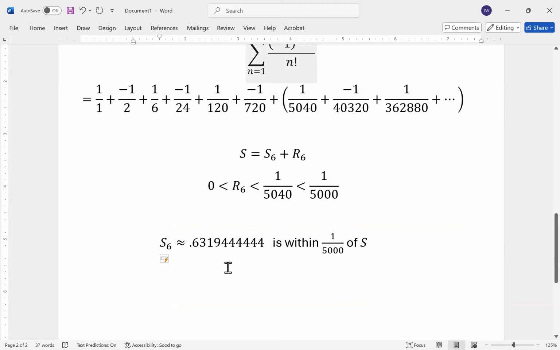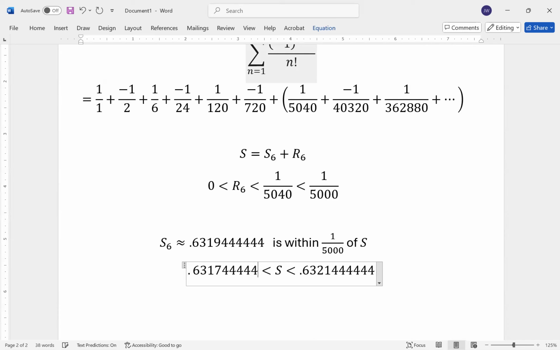That means the actual summation is somewhere between 0.631, I'm just going to round it, 17, and 0.6321, roughly, and then a bunch of 4s. So it's somewhere between those two values, which is a pretty tight space.